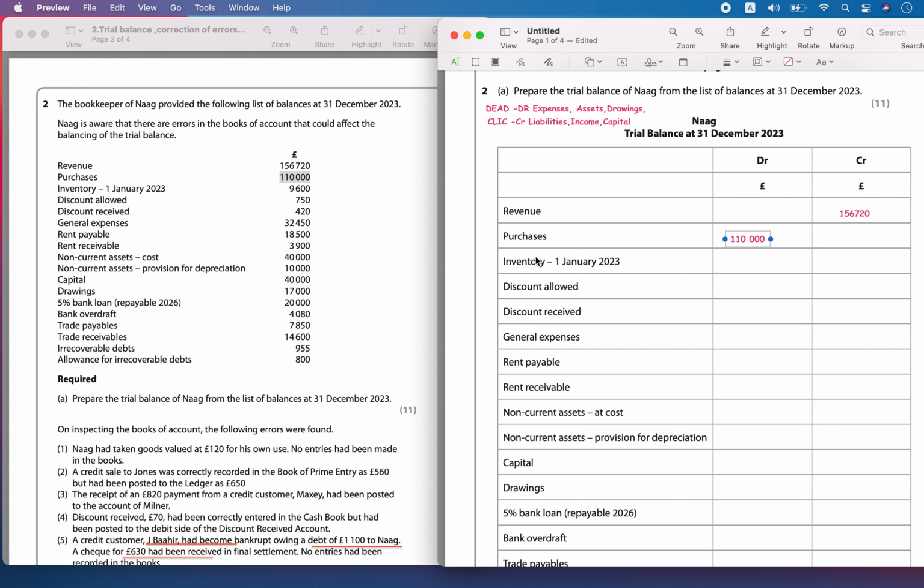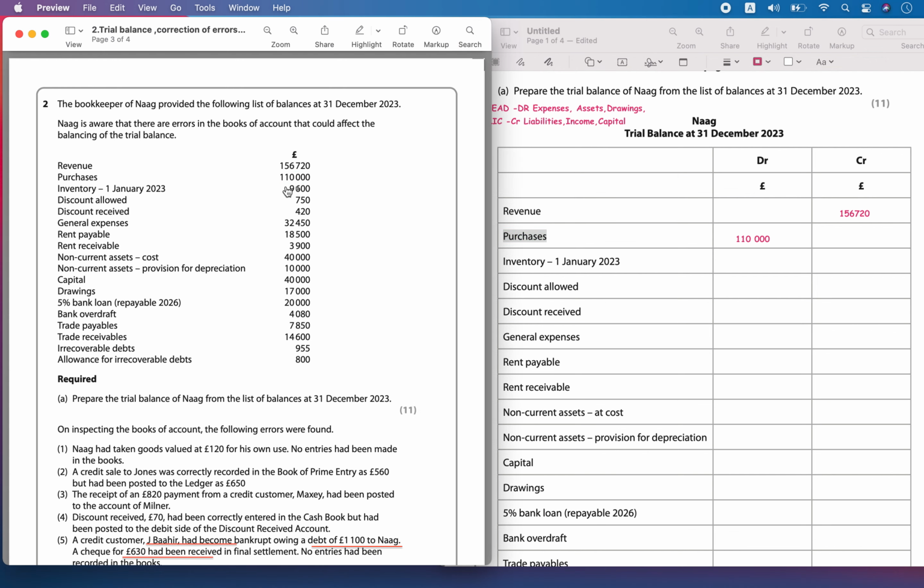Purchases comes in the income statement like opening inventory plus purchases minus closing inventory. So it is related to cost of sales, which we are subtracting from the revenue. So it is the opposite side of the credit.